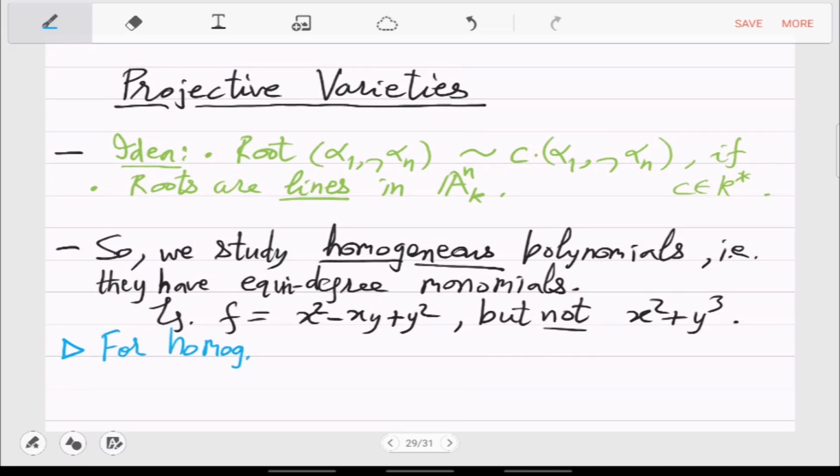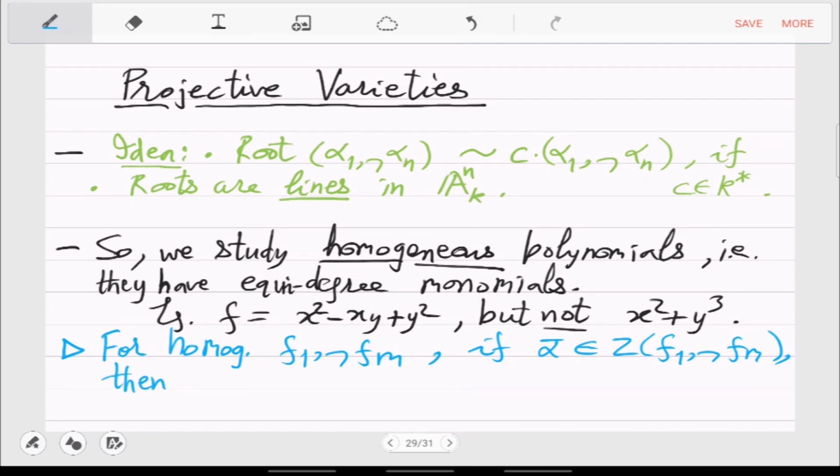So for homogeneous F, in fact you can take a set of homogeneous polynomials F1 to Fm. So zero set: if alpha bar is a root, then lambda times alpha bar, which is lambda alpha 1, lambda alpha 2, up to lambda alpha n, right?